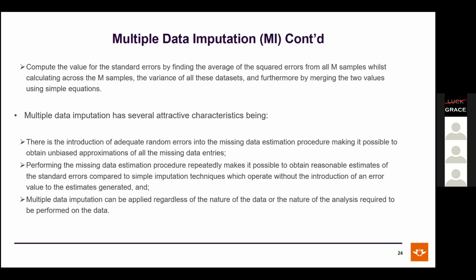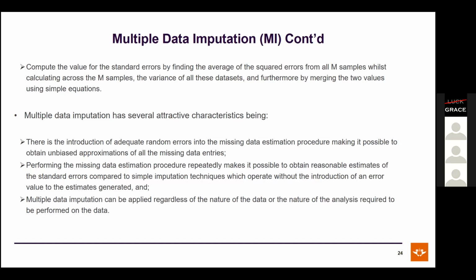Okay, so in a nutshell, talking about multiple imputation, we'll just summarize all of this. What we are basically saying with multiple imputation is impute the missing value m times, whatever m might be, you decide.